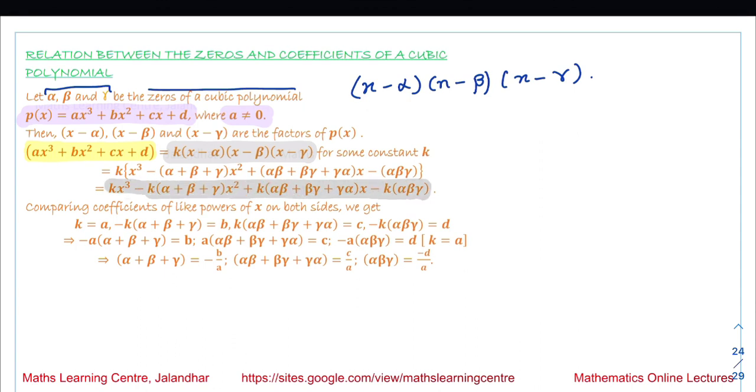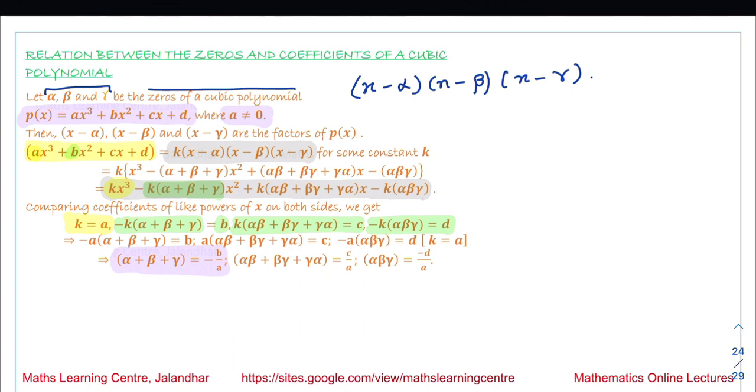The coefficient of x cube is a and k, so k is equal to a. Next, the coefficient of x square is k times (alpha plus beta plus gamma), and over here the coefficient is b. Similarly, this is the coefficient of x and this is the constant term. On solving these values, we obtain the formula in this form: the sum of the three roots is minus b by a.